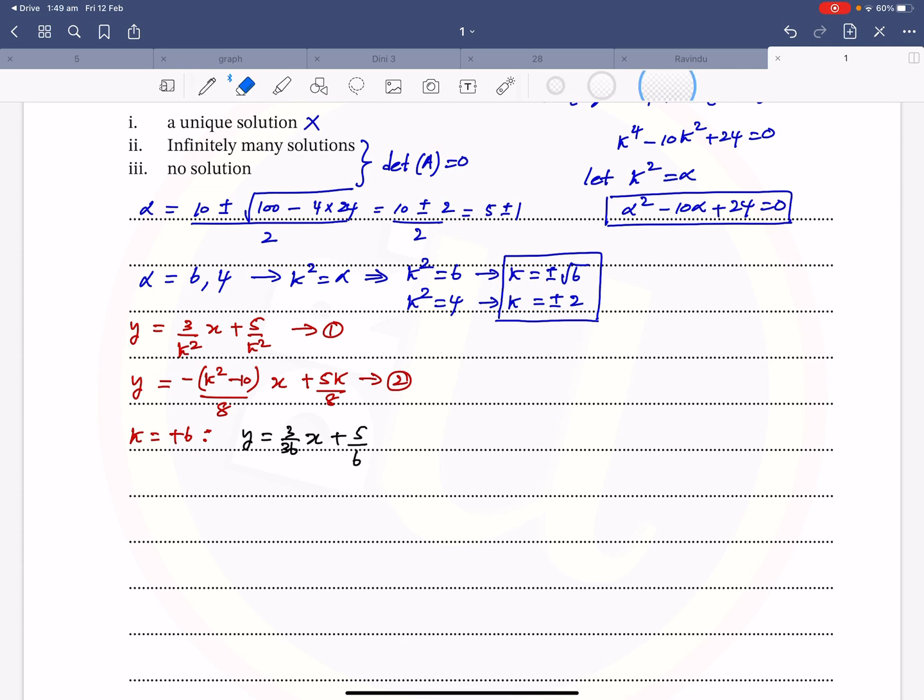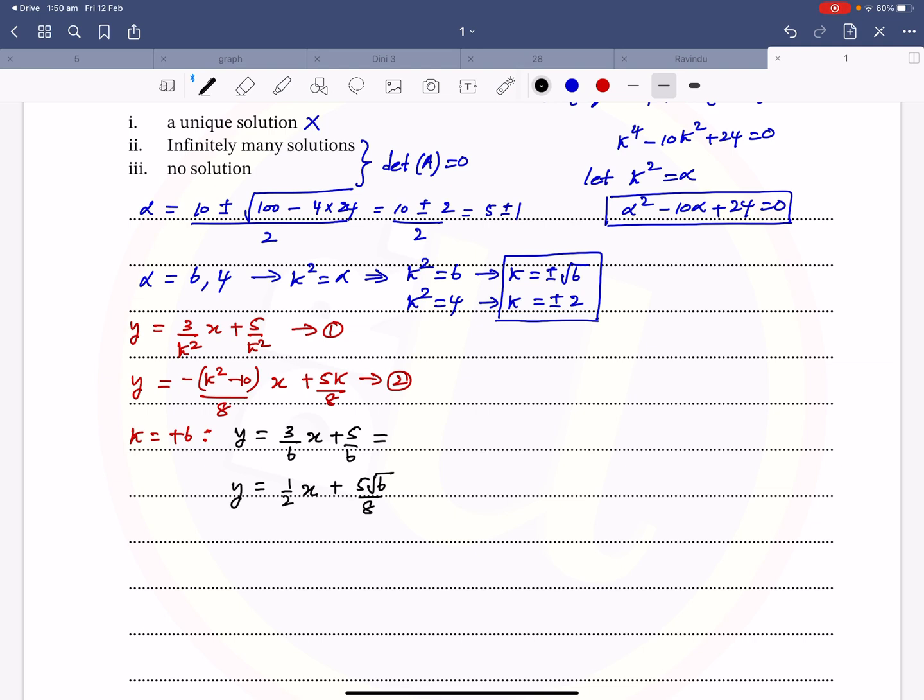The second one is y is equal to, now k squared would be 6, so 6 minus 10 would be minus 4, so it's again half x plus 5 square root of 6 divided by 8.